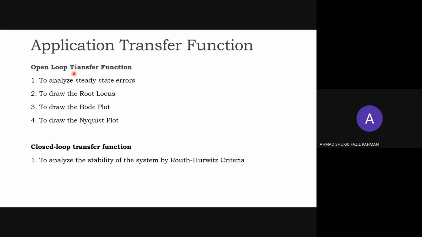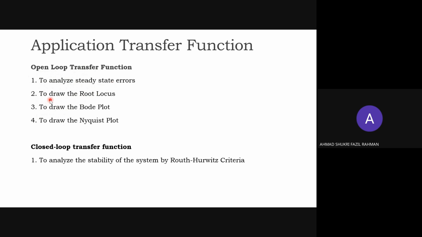There are 2 types of application that you can see here. The first one is open loop transfer function. I think you already know open loop is without feedback. If you obtain an open loop transfer function, we can apply it toward these 4 methods. The first one, we can analyze the steady state error.